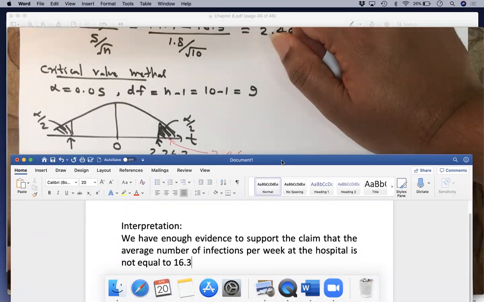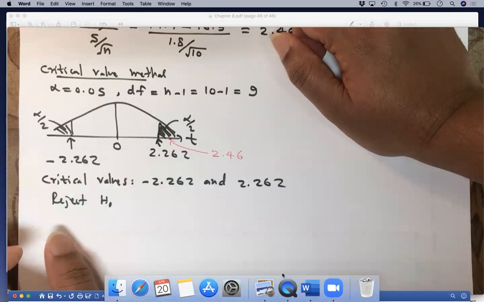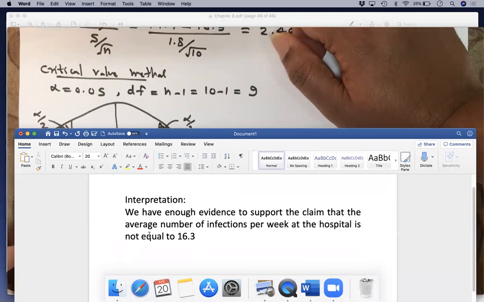Here we reject H naught, so that means we have enough evidence to support the claim that the average number of infections per week at the hospital is not equal to 16.3. Okay, so this is our interpretation. Reject H naught means we have enough evidence to support the claim.